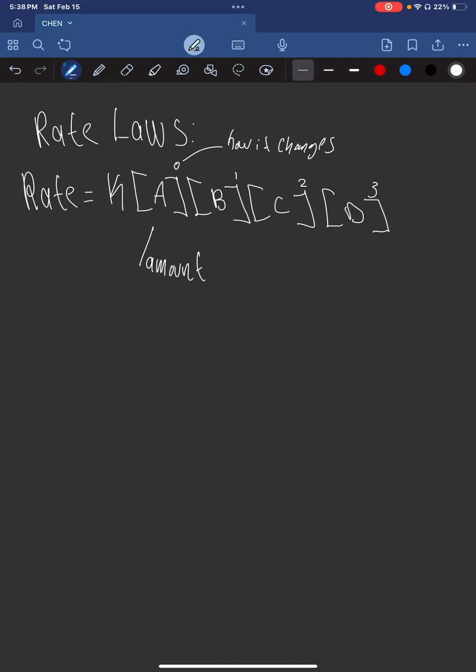So we're not going to use K, just so we could understand the relationship between A and the exponent. A way I like to explain it is to write the equation like this. Forget about K right now. Rate is equal to, let's just say A in this scenario, forget everything else, to the power of whatever this is. Let's just use M to represent either 0, 1, 2, or 3.